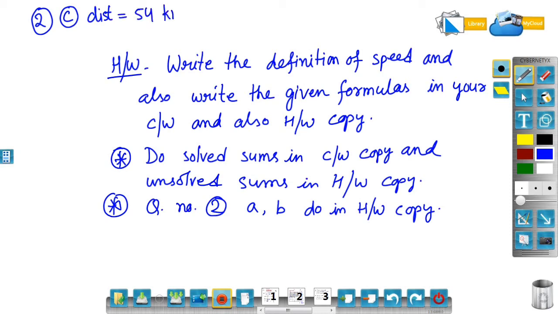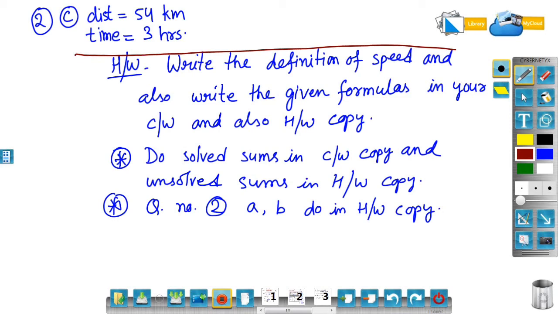Obviously kilometer is the unit of distance, and also it is covered in 3 hours. 3 hours means time equals 3 hours. Understood? These two terms are different. At first, distance is 54 km and time is 3 hours.